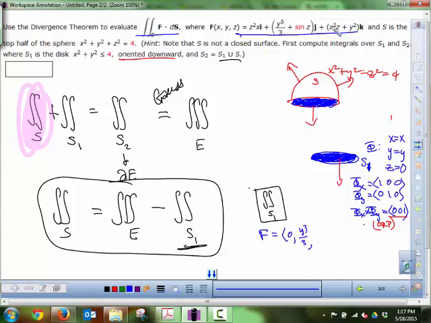And then the last component, there's a z over here that's also 0, and so you just have a y squared. Then you're going to dot that with 0, 0, 1. And so everything's going to disappear except for the y squared.